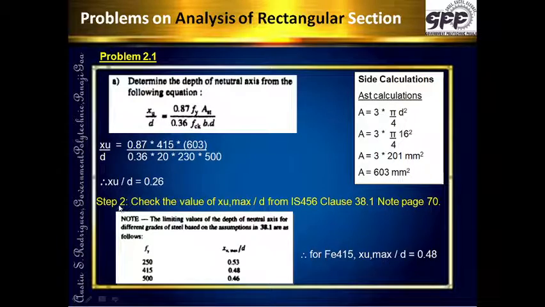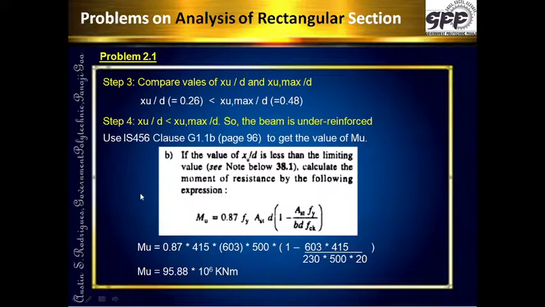Let us go now to step number 3. In step number 3, we compare the values of actual depth of neutral axis to effective depth and maximum depth of neutral axis to effective depth. These two values are compared. Now when we compare this, we have actual depth of neutral axis to the effective depth as 0.26.